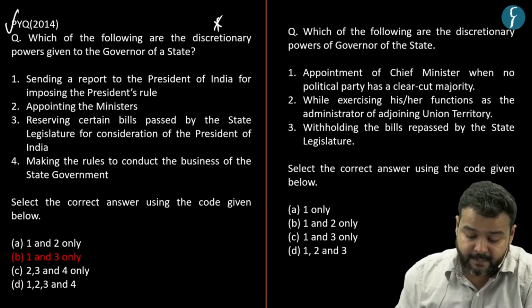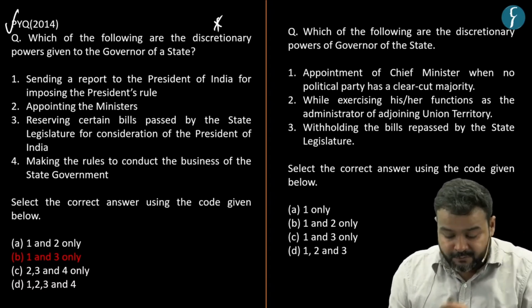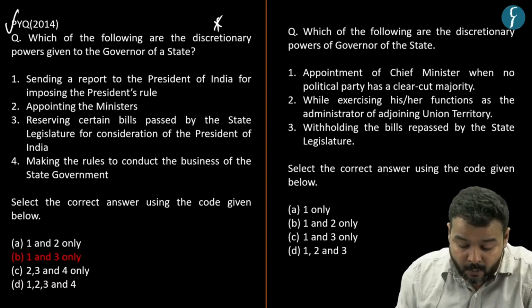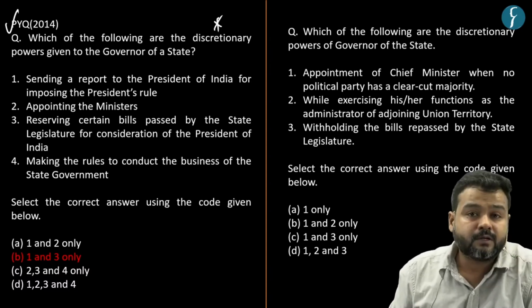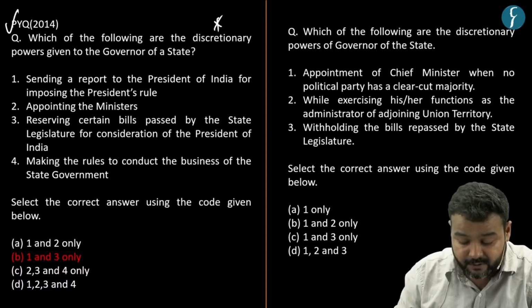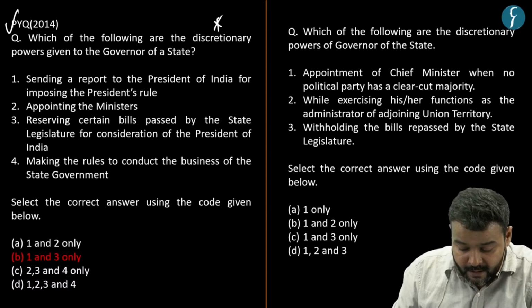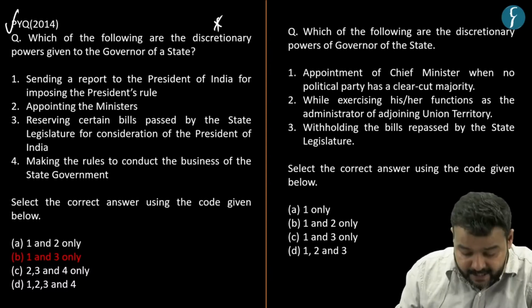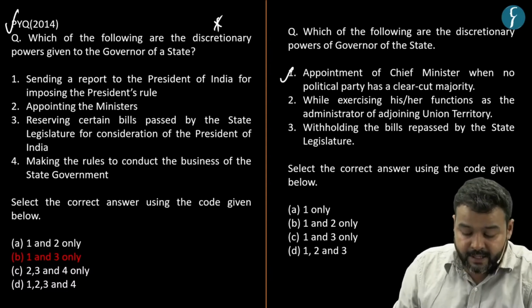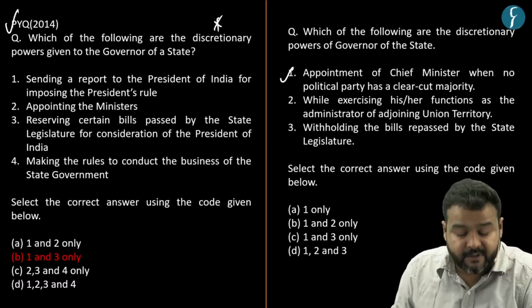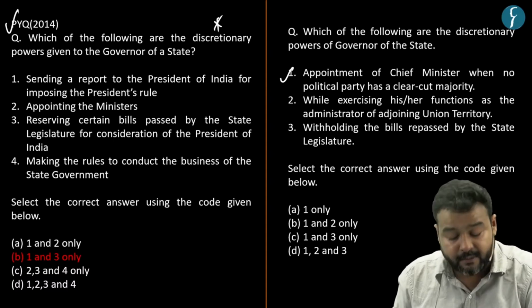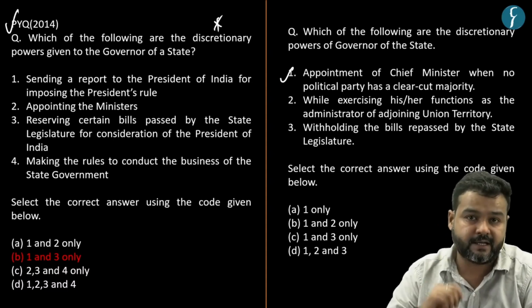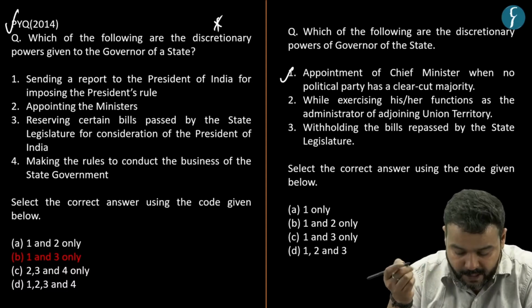The first statement says the appointment of the chief minister when no political party has a clear-cut majority constitutes the discretionary power of the governor of the state. So this statement is correct. He can appoint the chief minister at his discretion when there is no political party having a clear-cut majority, but there is a directive from the Supreme Court.